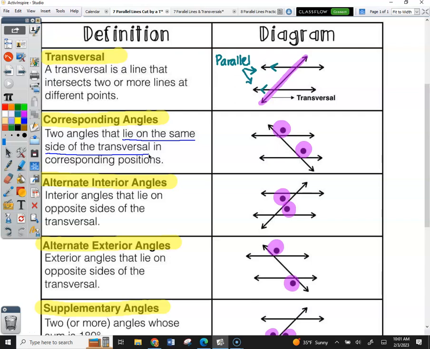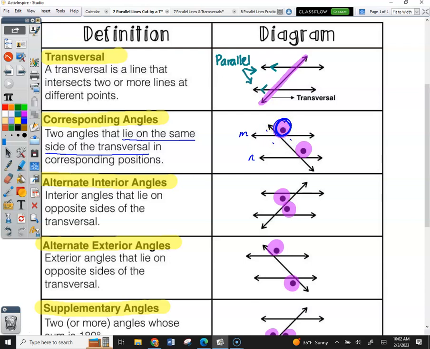If you look at this picture, right? Let's say we have line M and line N. Line M with the transversal, this would be considered the top right angle. Do you agree? You got 1, 2, 3, 4.